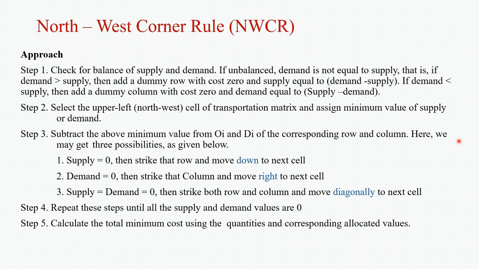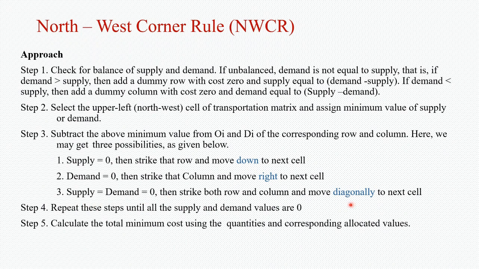Step 3. Subtract the above minimum value from S and D of the corresponding row and column. Here, we may get three possibilities, as given below. 1. Supply is equal to 0, then strike that row and move down to the next cell. 2. Demand is equal to 0, then strike that column and move right to the next cell. 3.